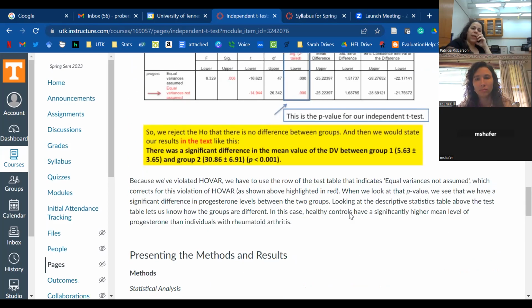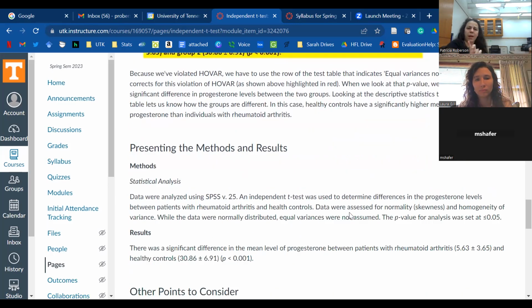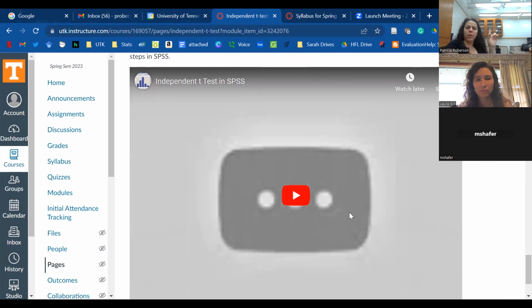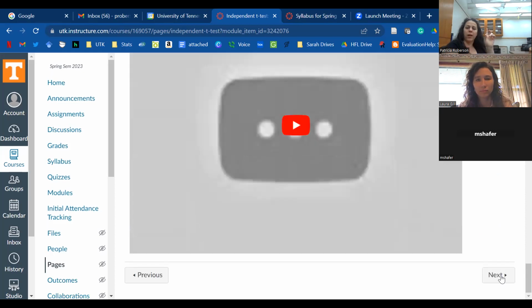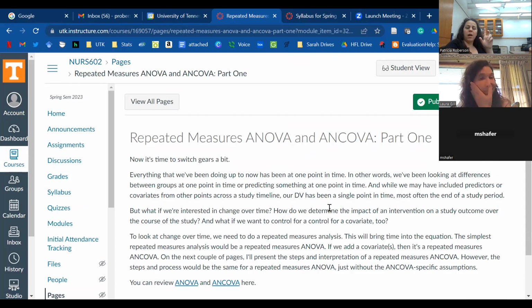So the main takeaway from the ANCOVA and the two-way ANOVA bits is that you will find in the literature that a lot of those statistics are called multivariate regression, and they use interaction terms, rather than what I'm calling ANCOVA here.